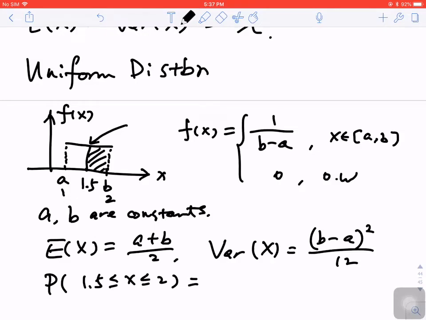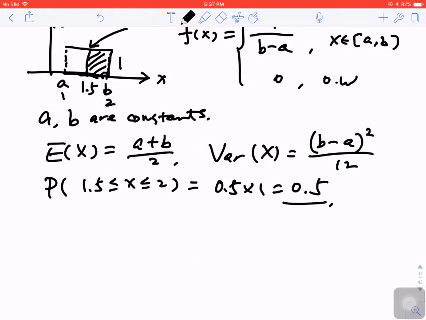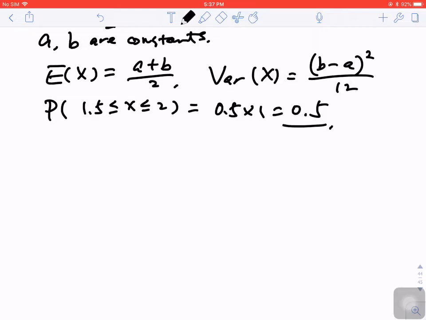Because this length is equal to 1, in order to make the whole area 1, your height should be equal to 1. So the height of this rectangle is 1 and the length is 0.5. So 0.5 times 1 is 0.5, which is pretty easy. So that's the continuous uniform distribution.